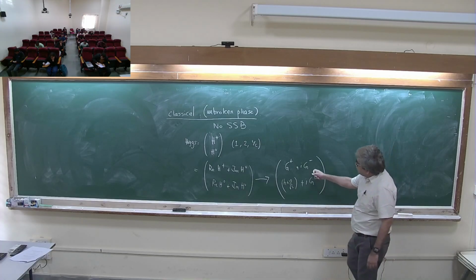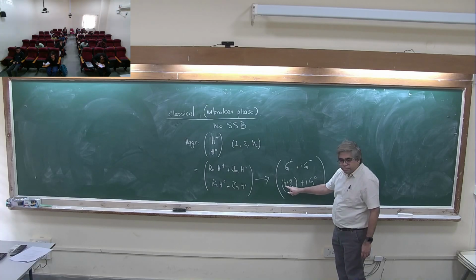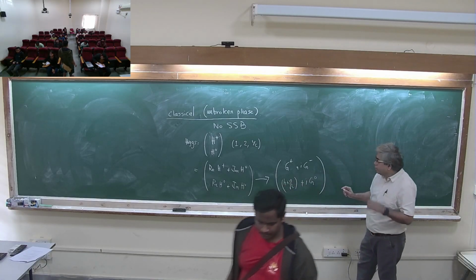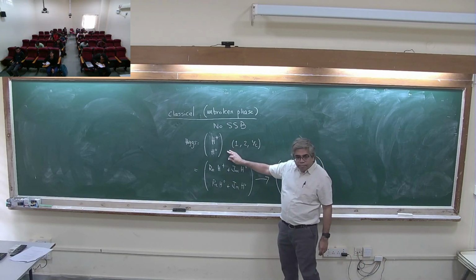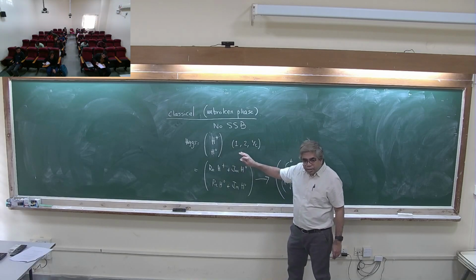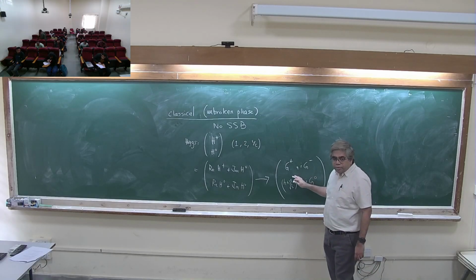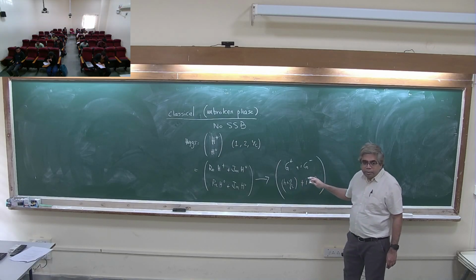So each of them will become a Goldstone boson, and this will become the Higgs, which is the standard model Higgs. v is the constant. So that's the reason in the unbroken phase we start with the entire thing, and we keep track of these Goldstone modes because it turns out that in non-abelian gauge theories, these play an important role in quantum corrections.